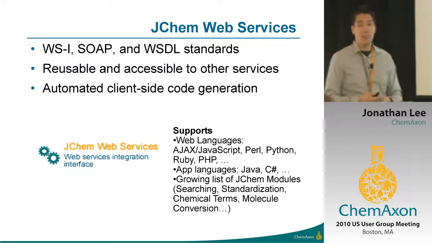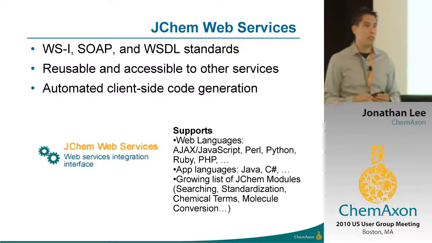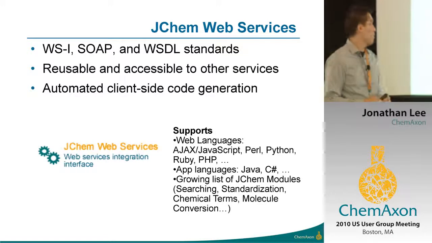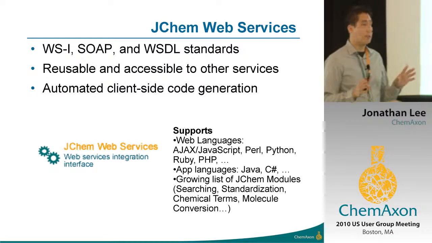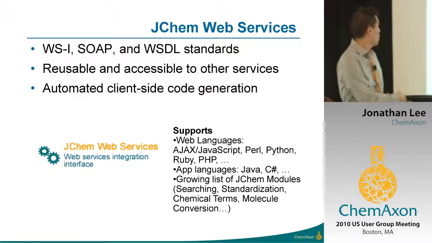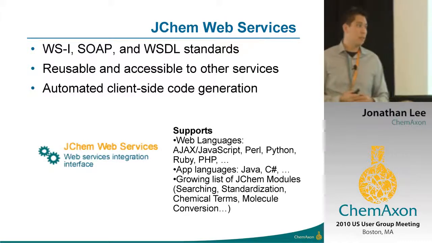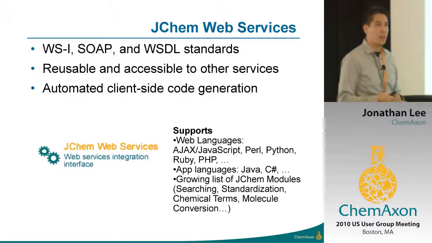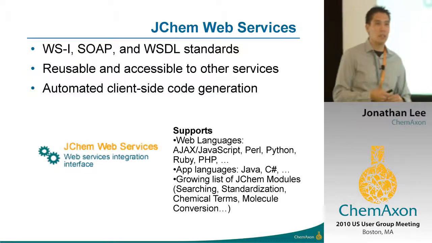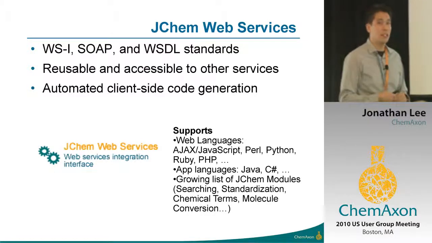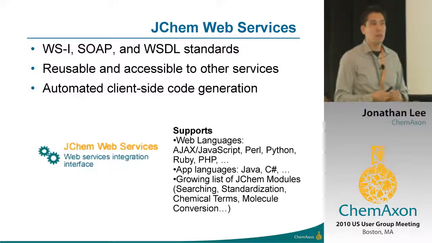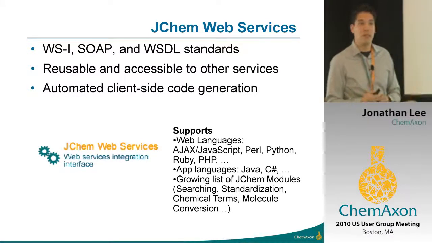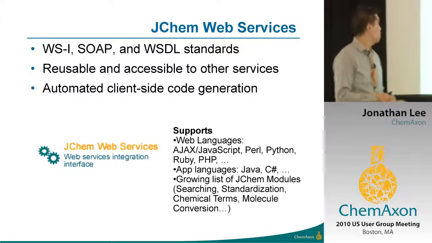So anybody that's using web clients and that want to use these web-friendly languages can do that. AJAX, JavaScript, Perl, Python scripting languages, Ruby, PHP. We have Adobe Flex folks. A lot of choices here, and you just want to utilize what your company has strengths in.